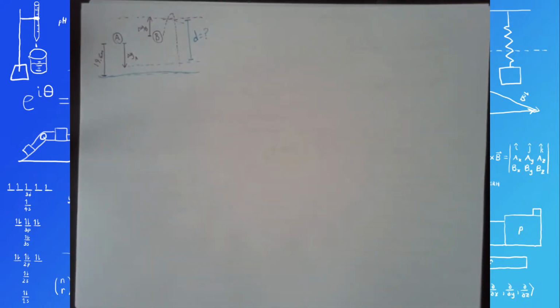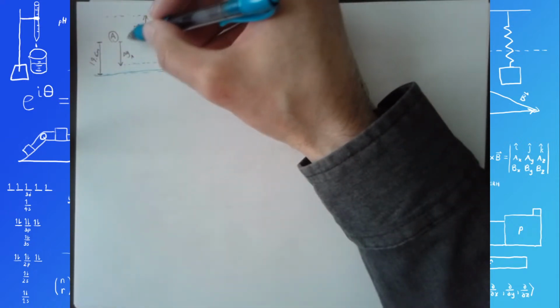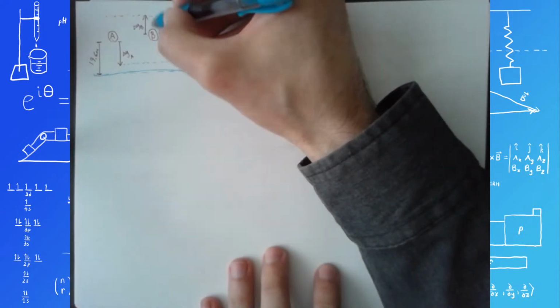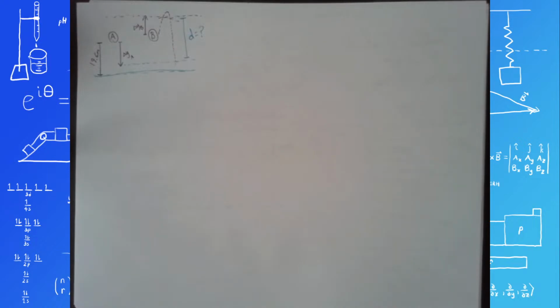So we are going to do, let's see, delta YB is positive, delta YA is negative. So if I want to calculate D, I guess I'm going to have to do delta YB minus delta YA. Right? This positive minus this negative, that would result in adding their magnitudes.